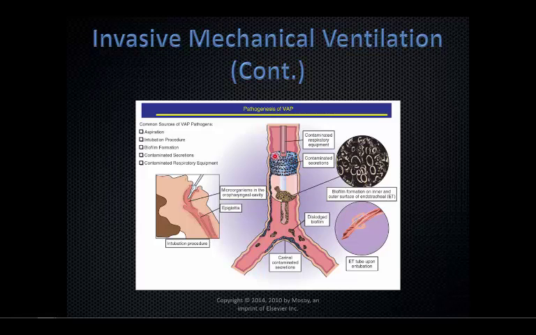Secretions can build up just above the balloon at the subglottic point, and then the contaminated secretions can leak down into the lungs and then contaminate the sterile bronchioles. So we can go back to our VAP bundle, those 7 treatments to help prevent this.